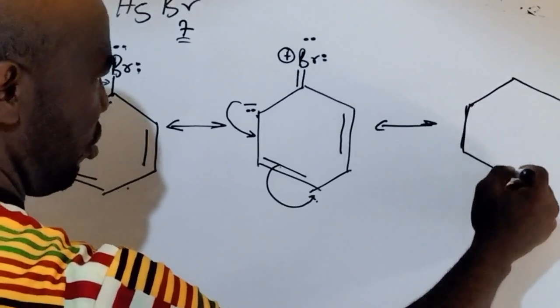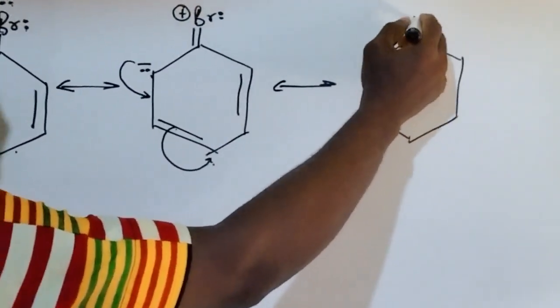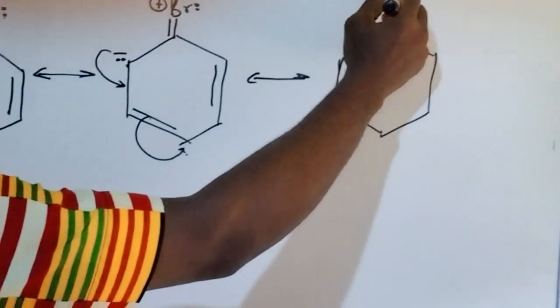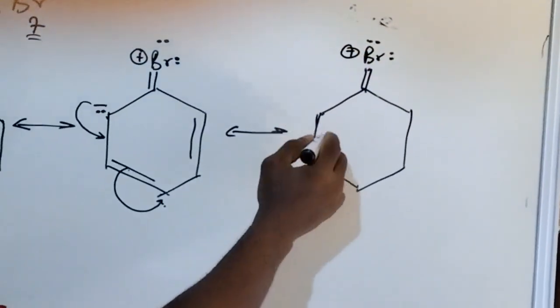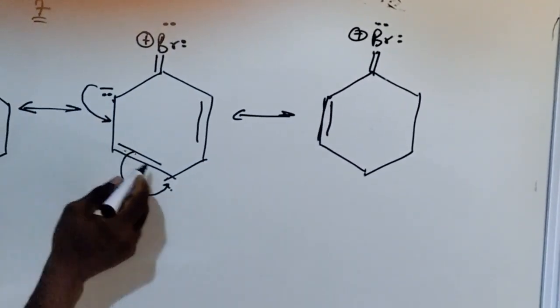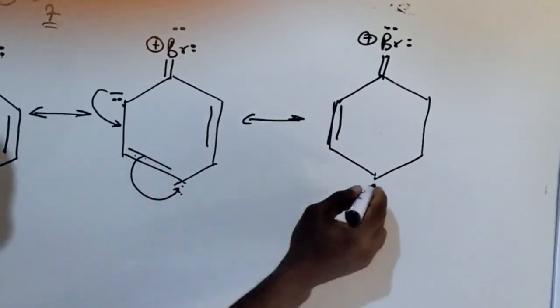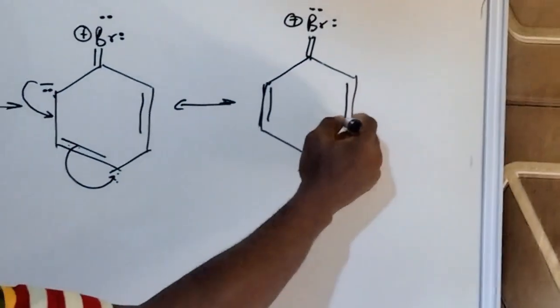Bromine remains electron deficient, showing the positive charge. Then this electron joins this point, while the pi electron stays at its position, and then you have this.